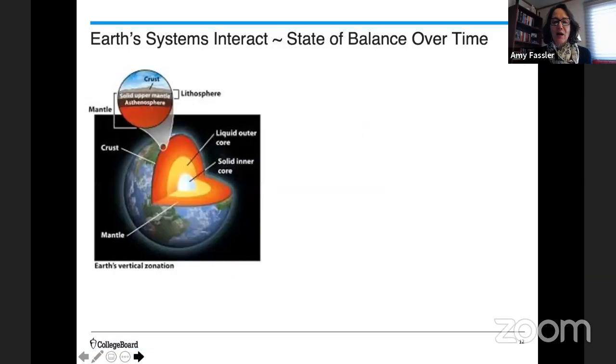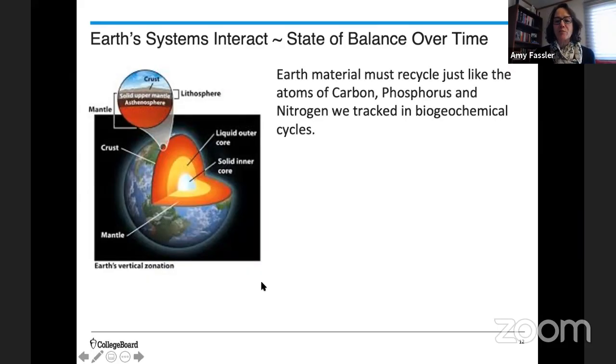So let's start off with that first geologic idea of Earth systems and how they interact. We're going to draw from some of those ideas that we've already established. This idea that Earth systems interact, but overall there tends to be this state of balance. And that should sound like a common theme to you when we looked at biogeochemical cycles and the rate at which things move through them.